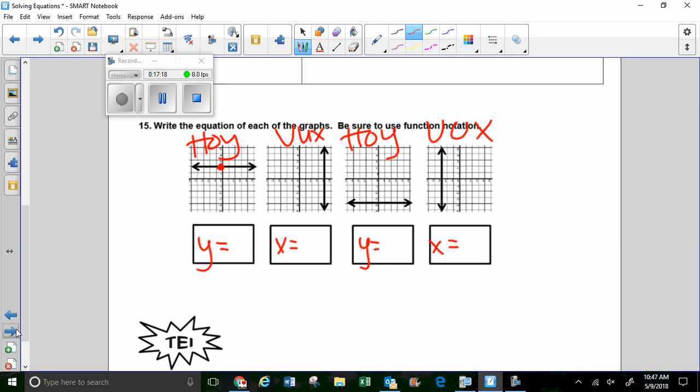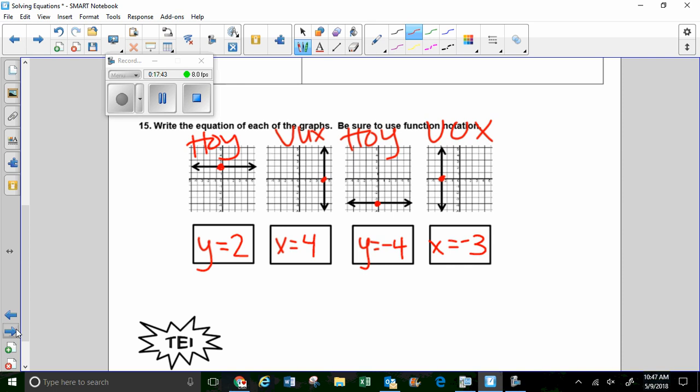We'll go on your y-axis, y equals 2. And then look on your graph for your x, x equals 4. Okay, so the next one, y equals -4, and then x equals -3. So those acronyms are very helpful when it comes to writing the equations for vertical and horizontal lines.